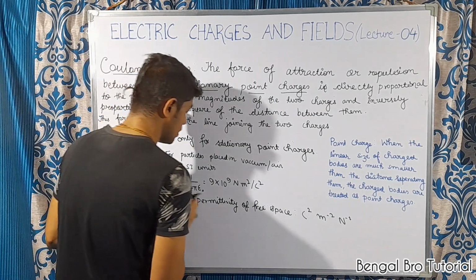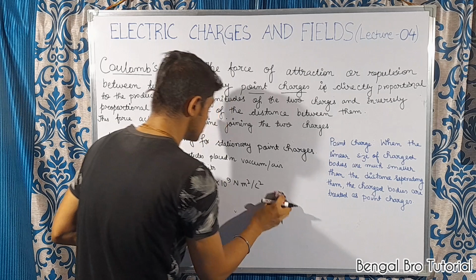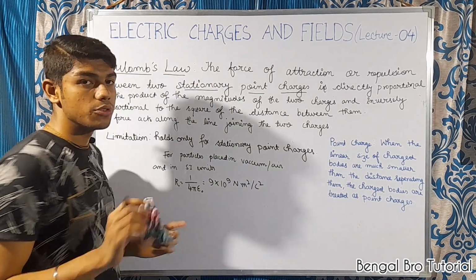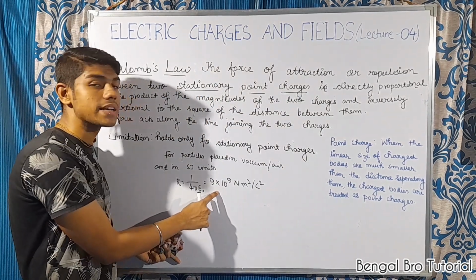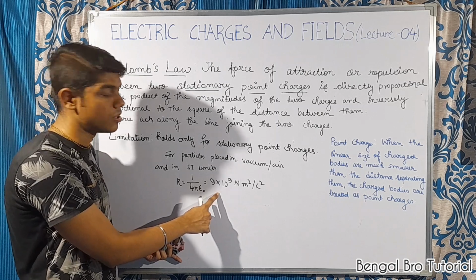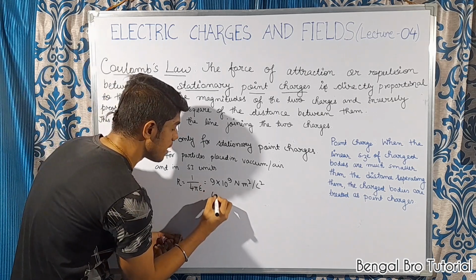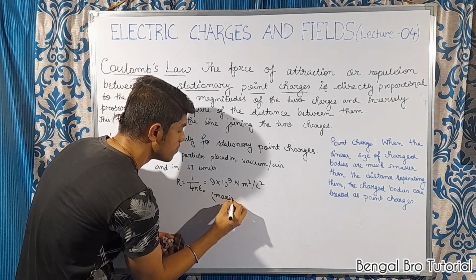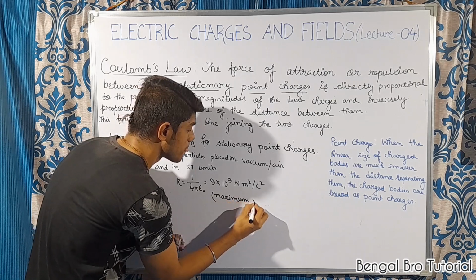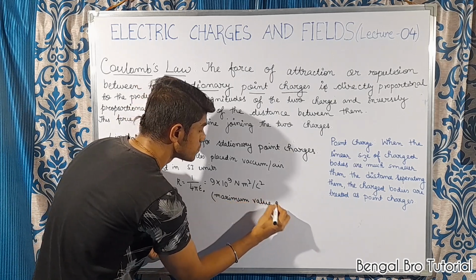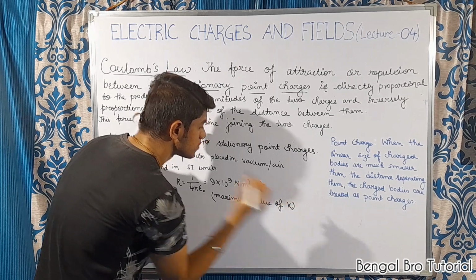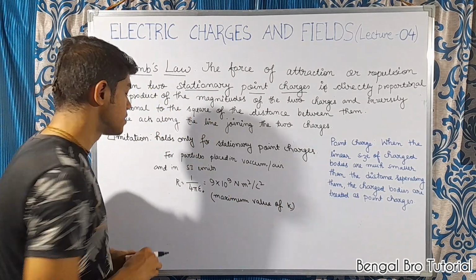Now, in electrostatic CGS unit, before that another thing, this is the maximum value of k that is possible. Alright.